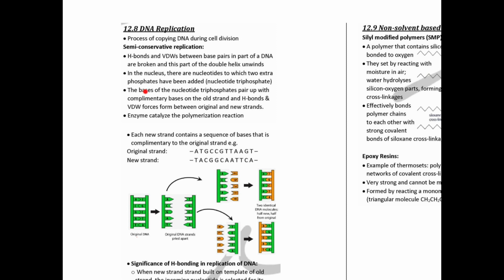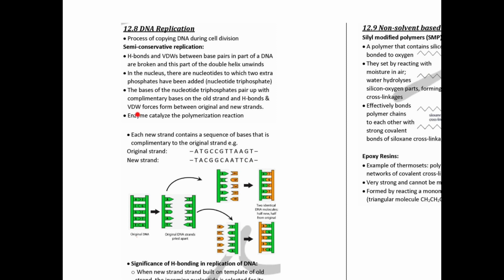So the bases of the nucleotide triphosphate pair up with complementary bases on the old strand, and hydrogen bonds and van der Waals forces form between original and new strands. So once they open up, then this base will come here. This base is called the nucleotide triphosphate, which will come and pair up accordingly. So once they pair up, then they will form hydrogen bonds, then they will form van der Waals forces in between.